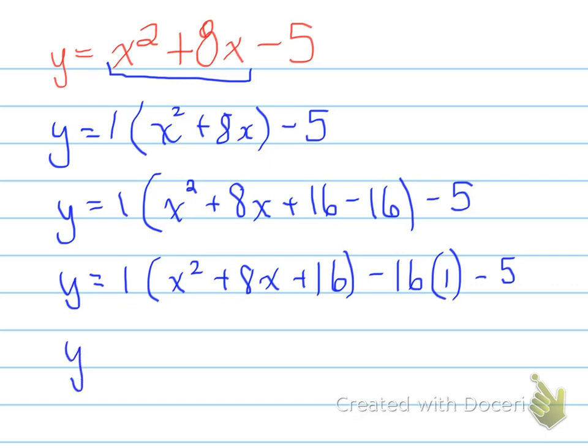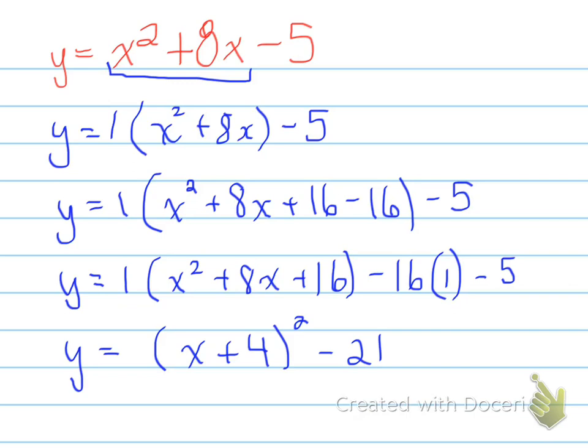Finally, we complete the square by finding what two numbers multiply to give you 16 and add to give you 8. That is 4 and 4. So x plus 4, all squared, minus 16 minus 5 is minus 21. So now, folks, what we have is the original equation, which was in standard form, now in vertex form.